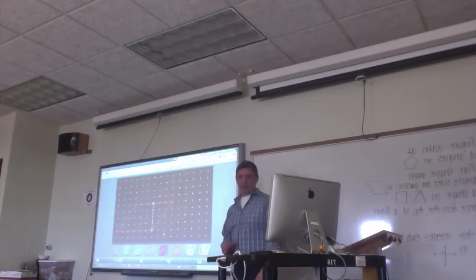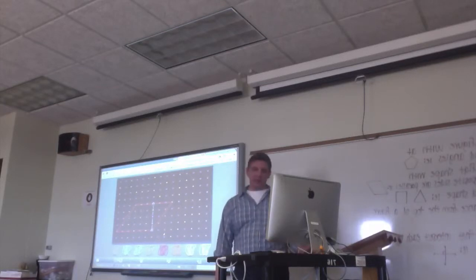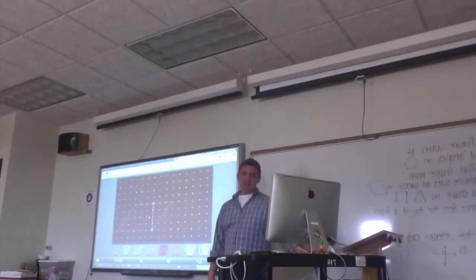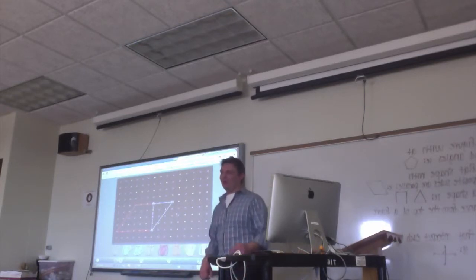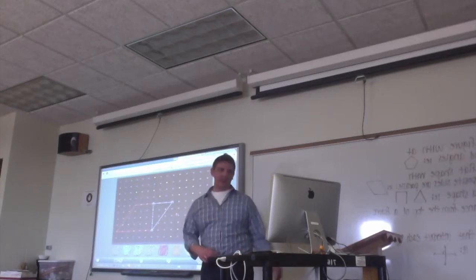We have a line perpendicular to the base now. Just like when we do with triangles, we want to make sure that that line makes a square angle to the base. But what we have here is a triangle. All right. Now, we're not sure how to find the area of triangles yet, right? We'll talk about that later.